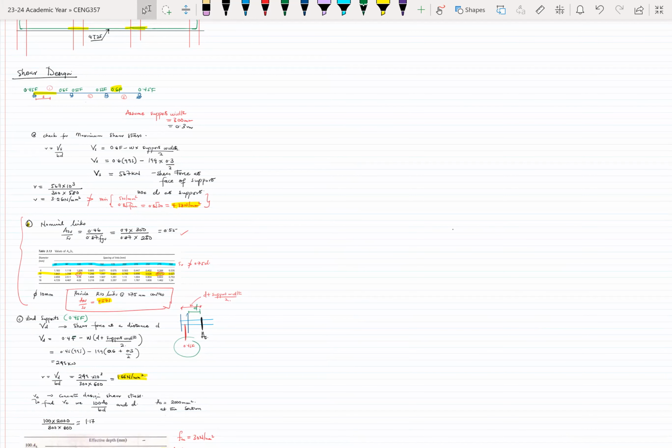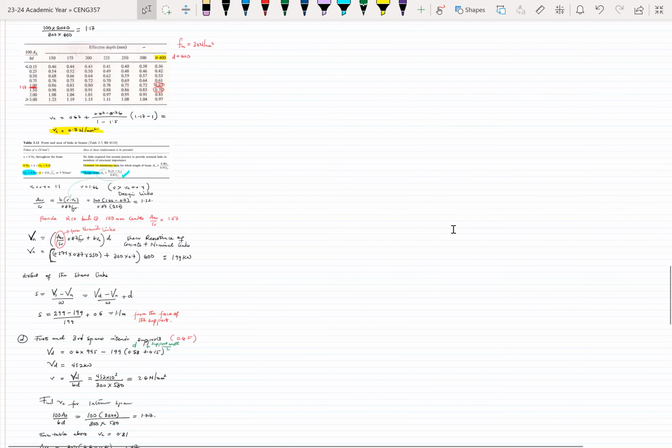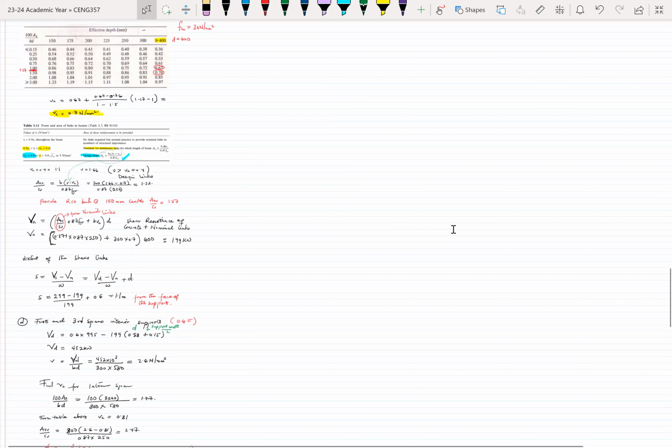Then from the main support, the end support, we were to provide R10 at 100 and 1.1 meters.